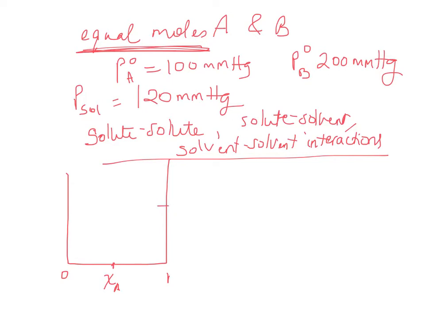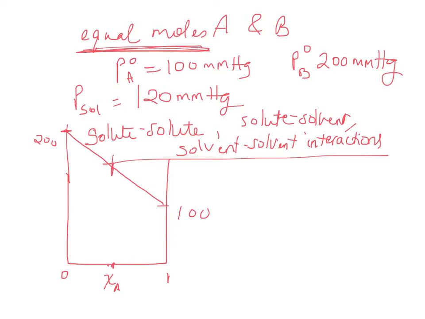Now P A is somewhere at 100, P B is somewhere here. And that's what your curve will look like, going back to the curve that we were discussing. And you expect that in this particular case, when you have equal moles of A and B, your value should be exactly right in the middle.